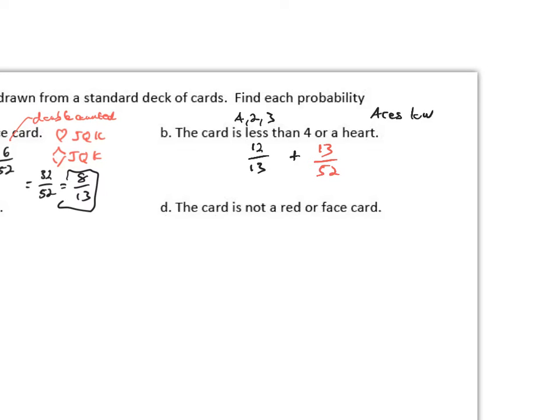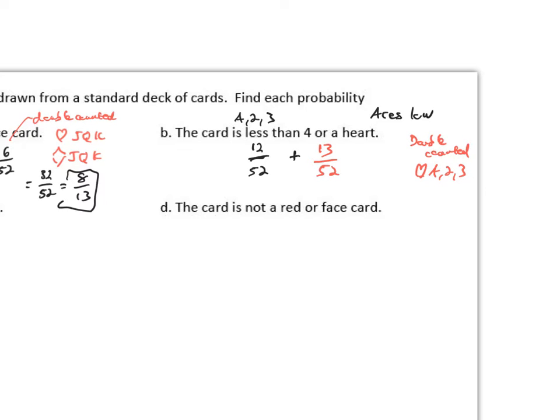And please forgive me, I hope you caught what I'm just catching right now. This shouldn't be 12 out of 13, that should be 12 out of 52. Whoops-a-doodle. Okay, there we go. But we have to remember what we've double counted. We have double counted 3 cards that are both hearts and less than 4.